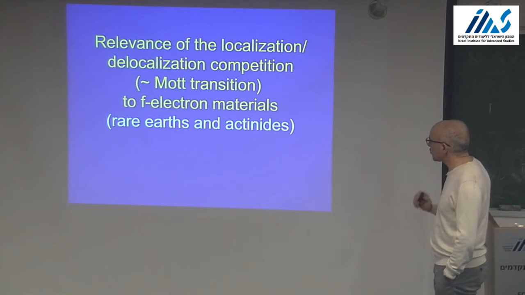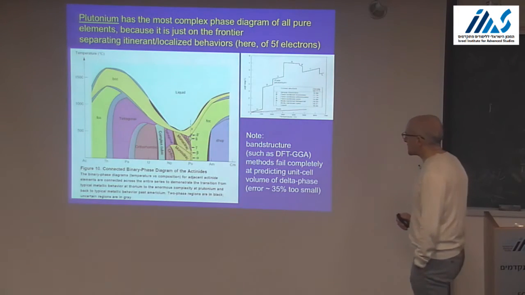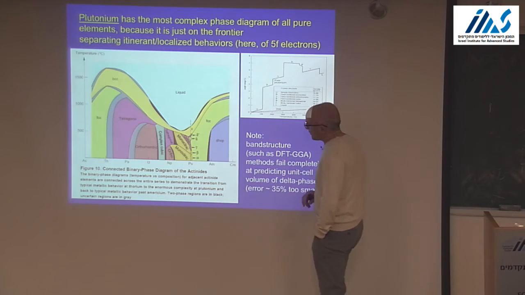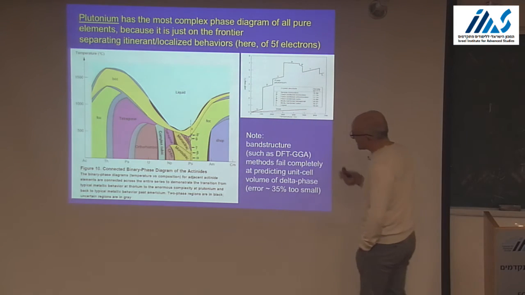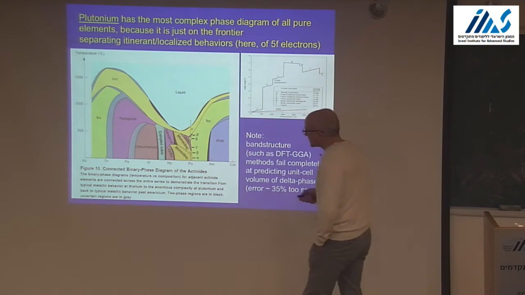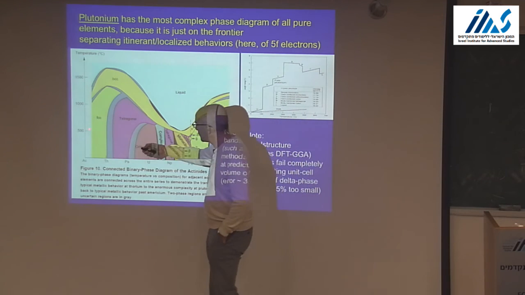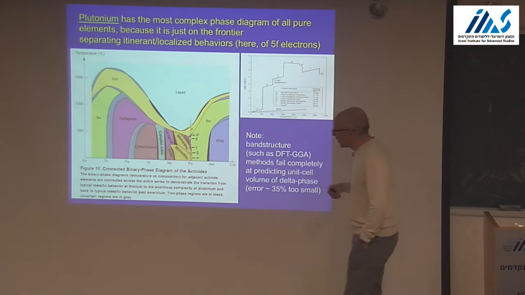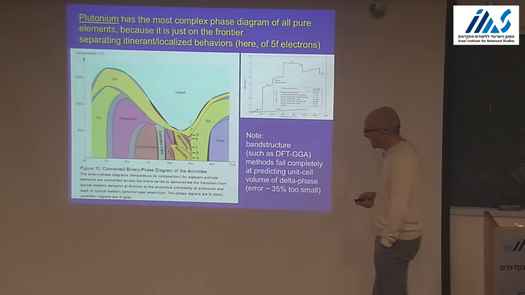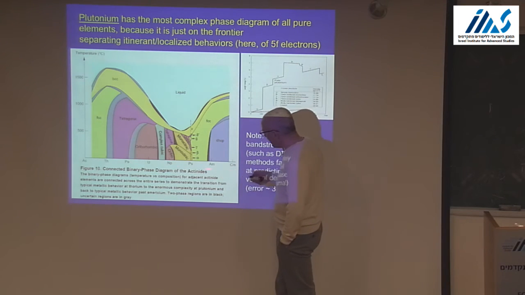Let me just point out one thing, which is that if we now look at the phase diagram of actinides, this is a quote-unquote phase diagram which displays the phase of the monoatomic metallic actinides as a function of element.